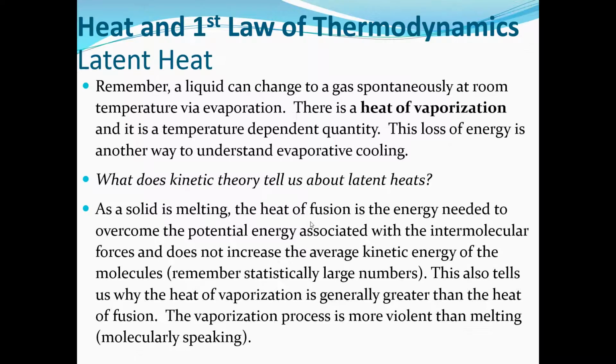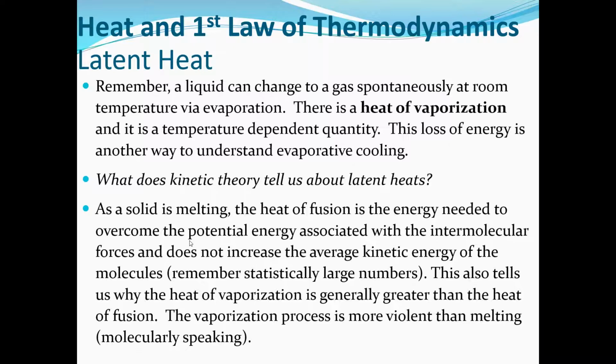So that's what's going on for the latent heat of fusion, that the energy that we're using is starting to break away those bonds, not break them completely, but chip away at it. But when we look at the latent heat of vaporization, the reason why it's so much higher than the latent heat of fusion is because not only are we weakening the bonds, we're also completely breaking them.